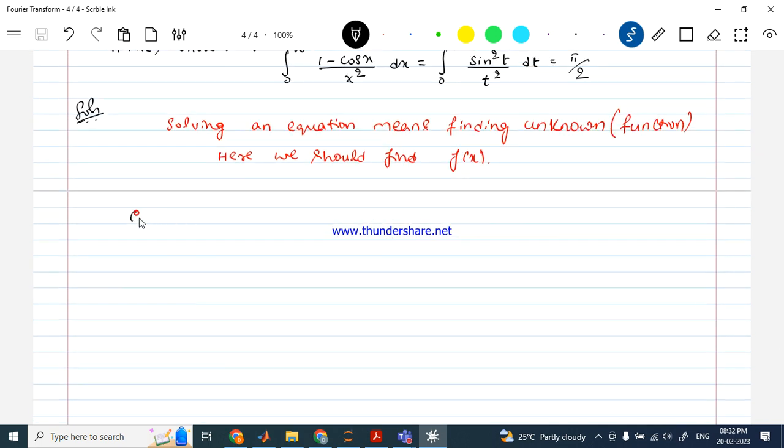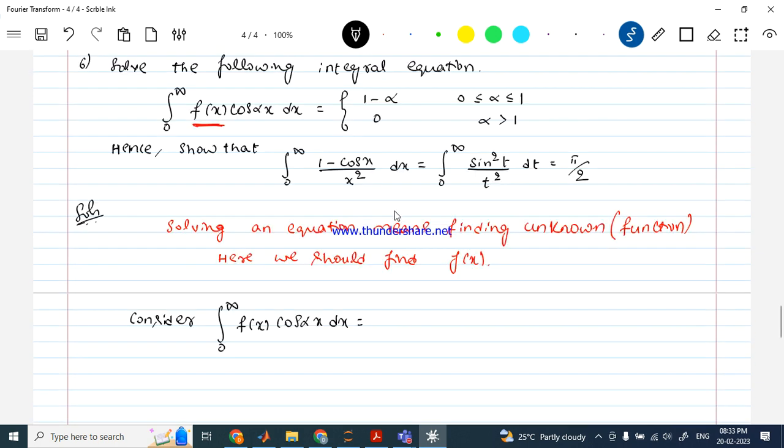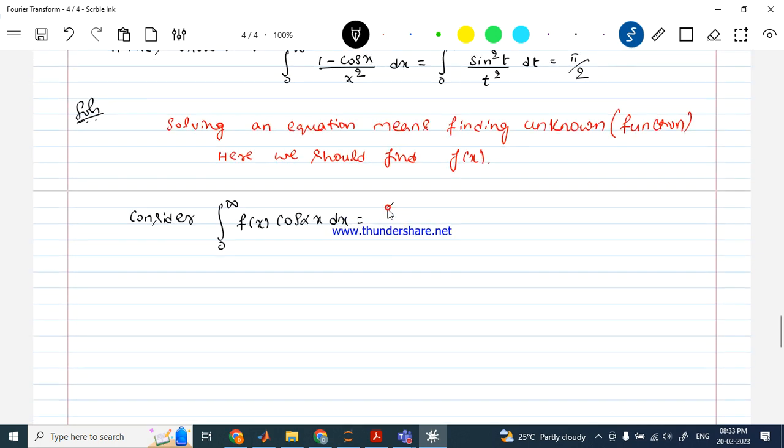So consider integration 0 to infinity f of x cos alpha x dx. This is given. It is equal to 1 minus alpha for 0 less than or equal to alpha less than or equal to 1, and 0 for alpha greater than 1.